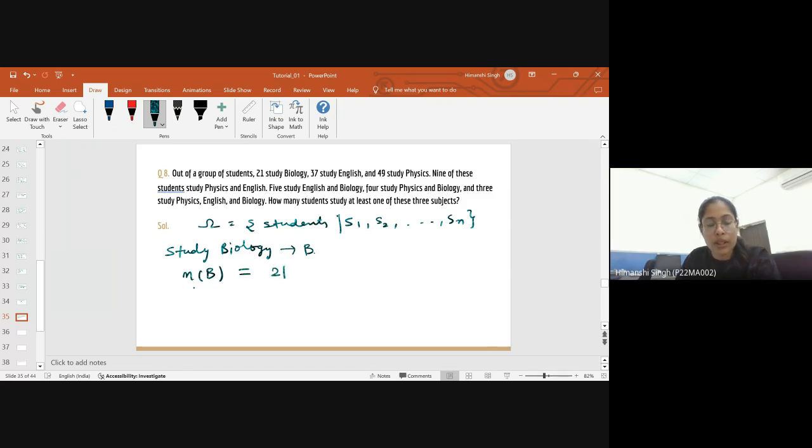You should have this idea of when I am saying the number of elements in the event, or the probability of the event. Here they are saying that 21 study biology, and B is the event of students who study biology. We do not know which students are there, and the cardinality of B is 21.